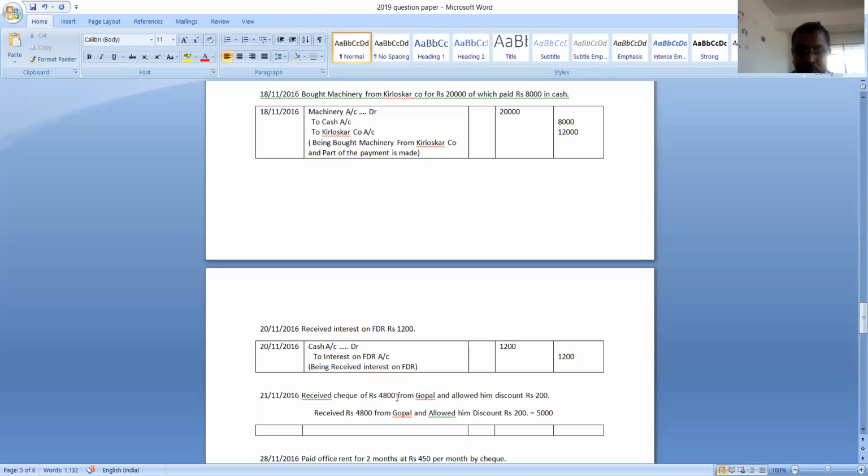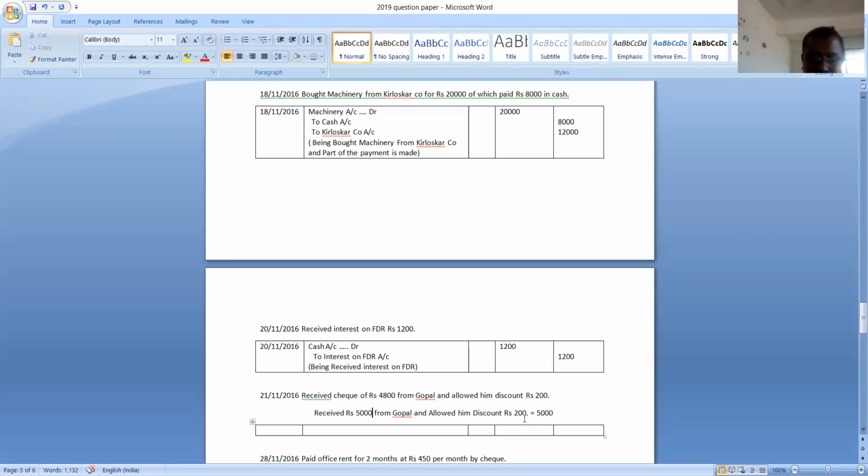In this particular situation, you should treat this 4800 and 200 separately. We'll change the amount here, so that you will get proper clarity. If it comes to cash receipts and cash payments, here is one transaction: received rupees 5000 from Gopal and allowed him a discount of rupees 200.